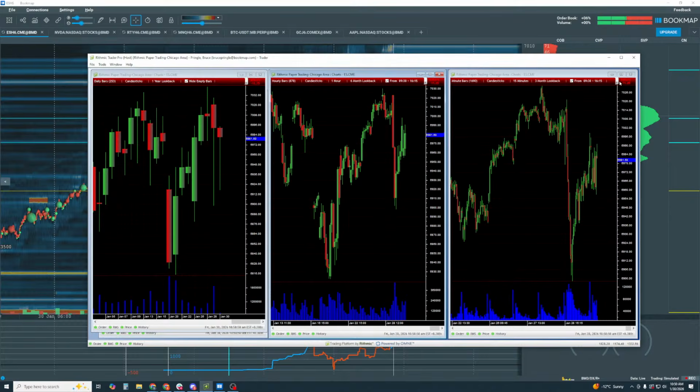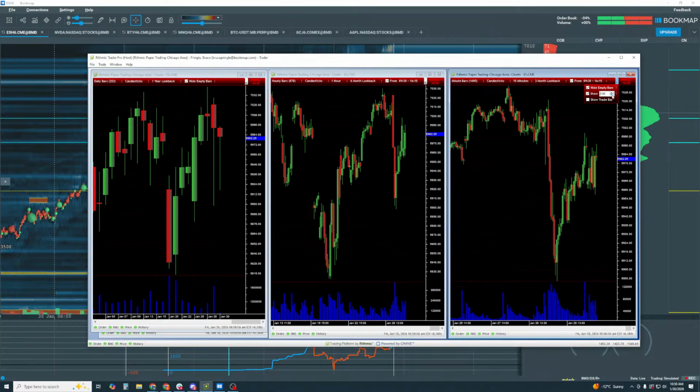All right, let's take a look at this move in here. Yikes! Look at how choppy it is. It's just like stripes here. A move up, red, green, a move down, red, a move up, green, and just filled the gap from yesterday, and then we're coming back down.